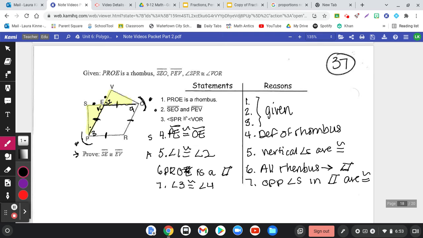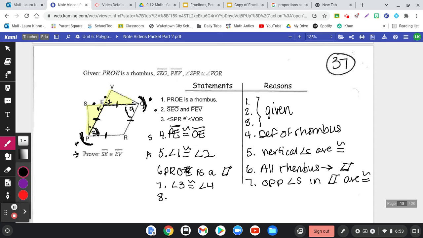Now, the thing is, we didn't find these angles yet, but since we know that this whole angle is the same as this whole angle, and this angle is the same as this, if I take this big part and subtract angle 3, it's the same as taking the big part and subtracting angle 4, and you'll get inside of that triangle.